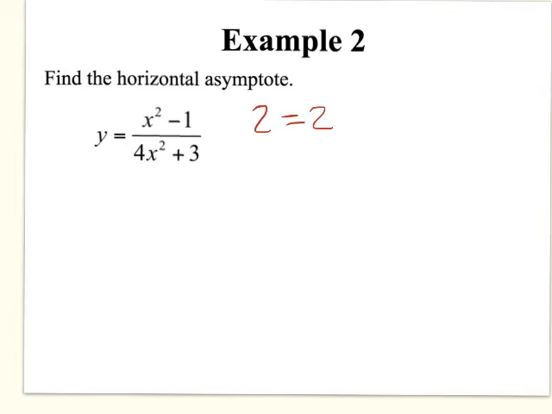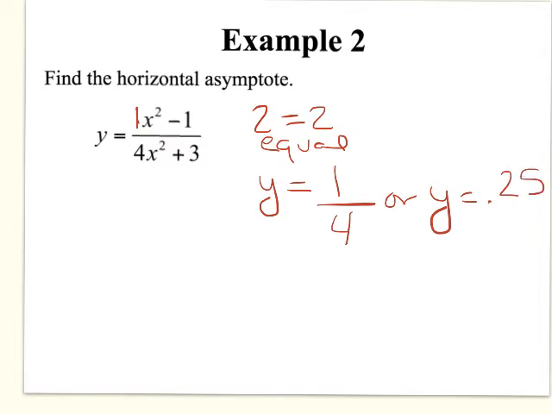Exponents are the same, divide your coefficients. So my coefficient in the numerator is a 1. So because these are equal, I look at the coefficients of x squared in the numerator and denominator. So there is my horizontal asymptote, or you can put it as a decimal. It doesn't matter to me.